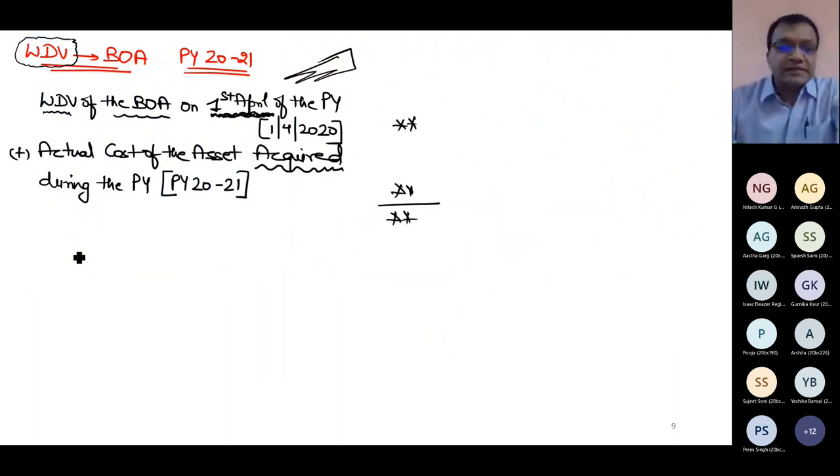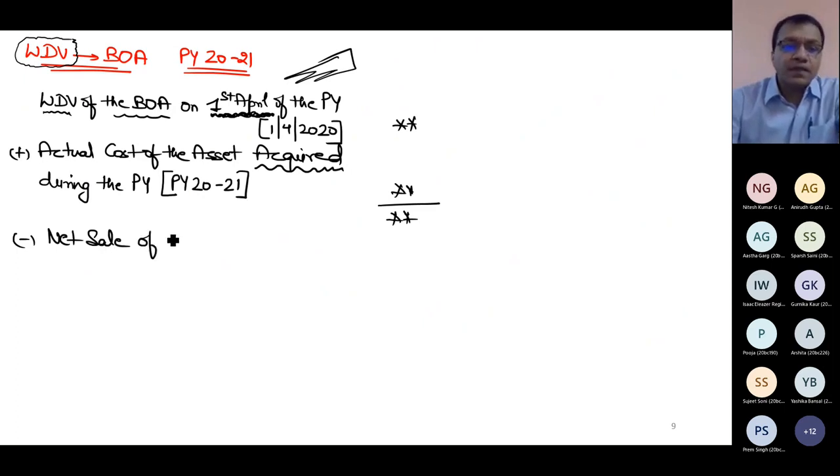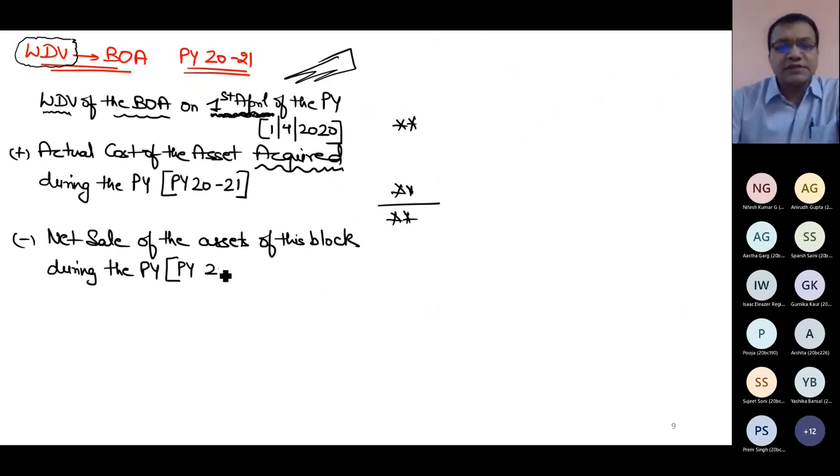This value minus net sale of the assets of this block during the previous year. Which is my previous year, 2021. So in this 2021, whatever assets I have sold which are of the same block, you deduct this. And what is this?